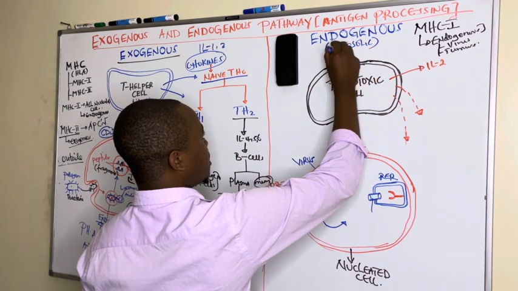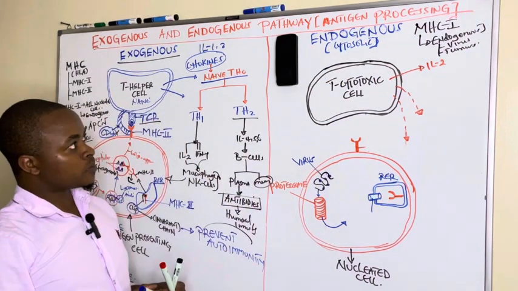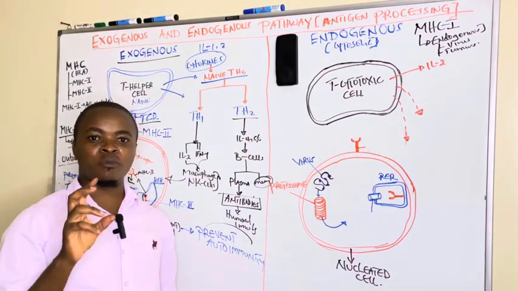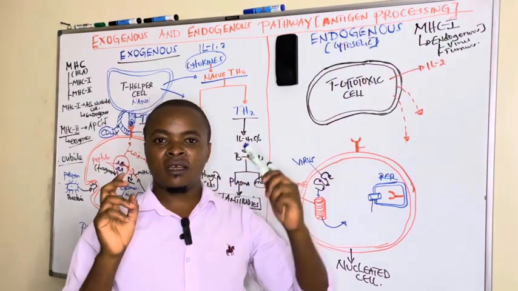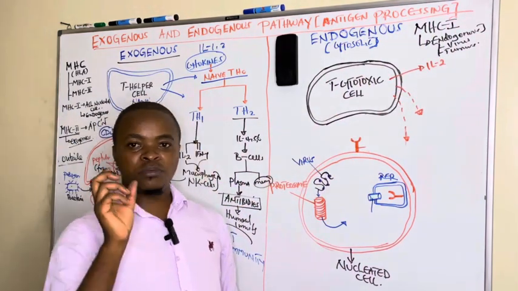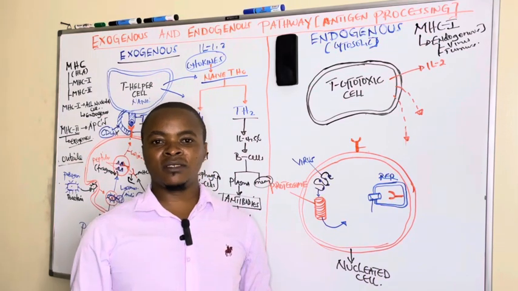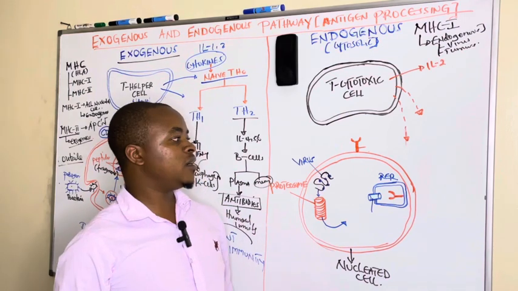This cytosolic or endogenous pathway involves, as we saw in the introductory part, major histocompatibility class type 1, which presents intracellular pathogens, tumor cells, or intracellular bacteria.